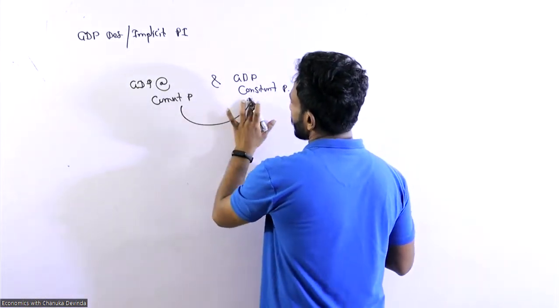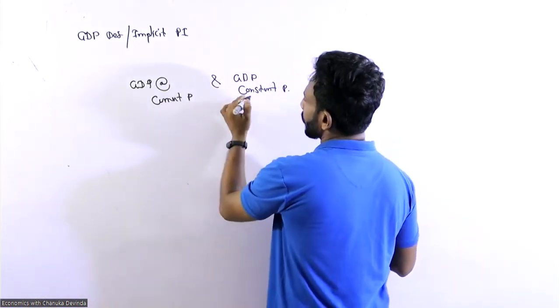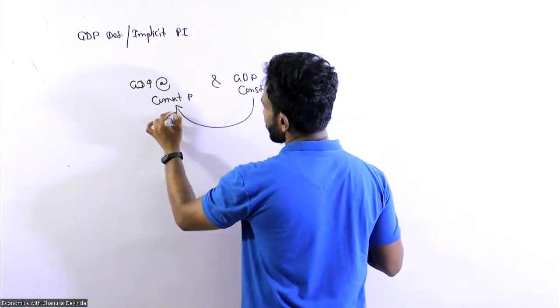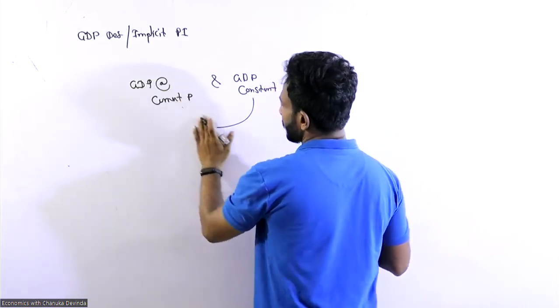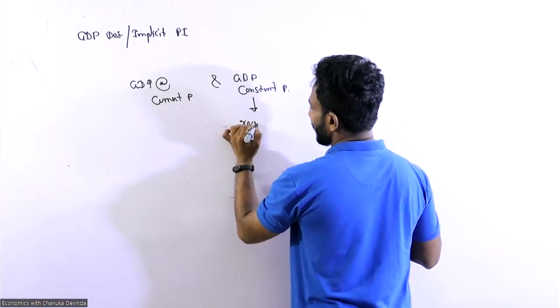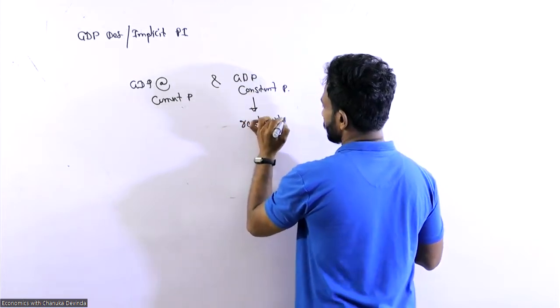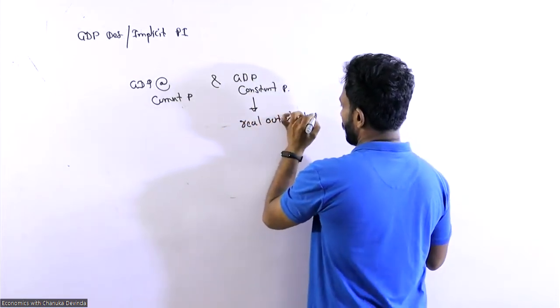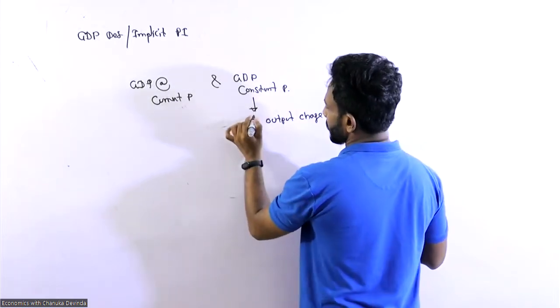Constant price reflects only the real output change, that means only output change.